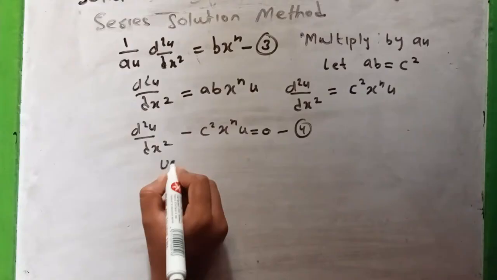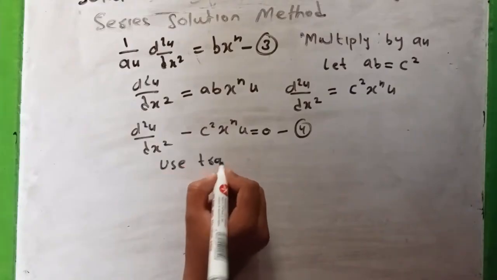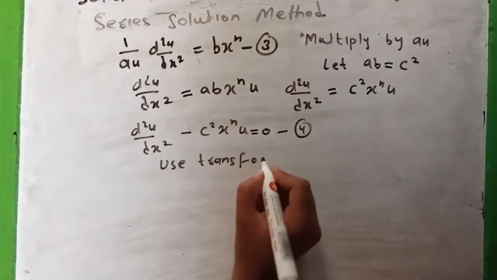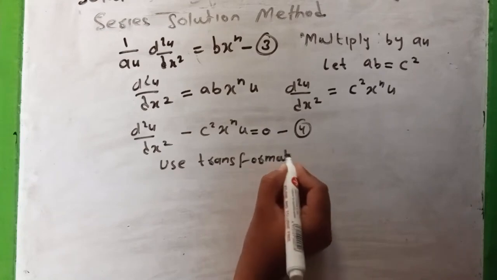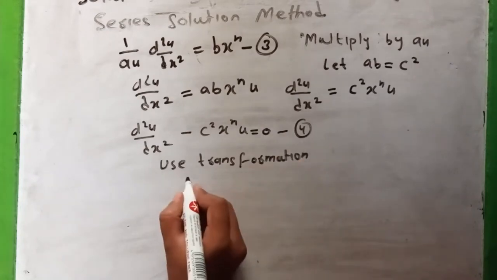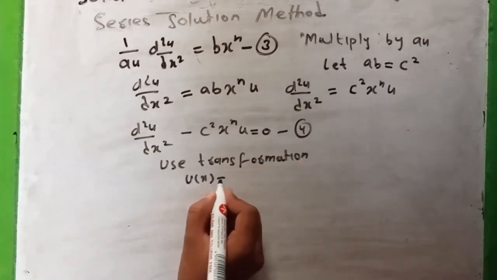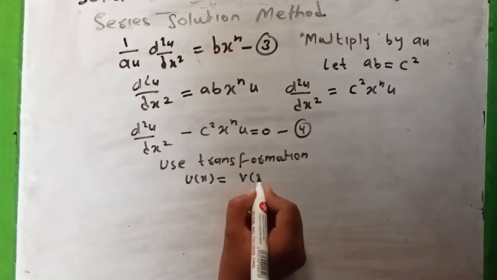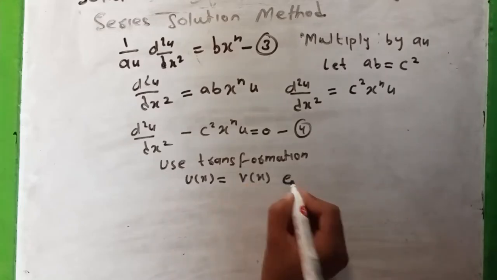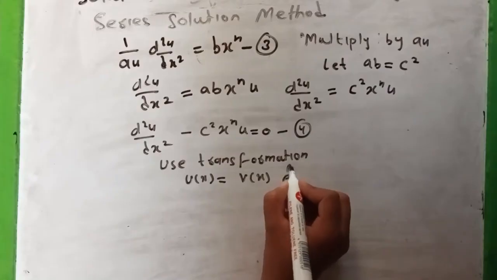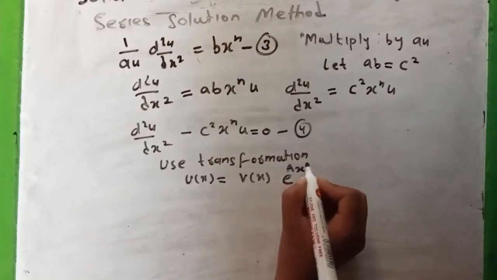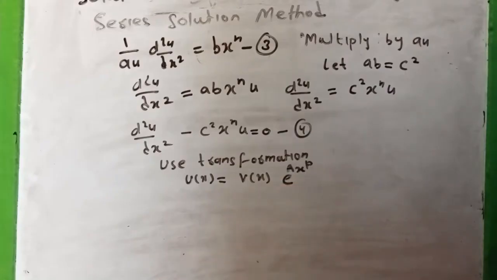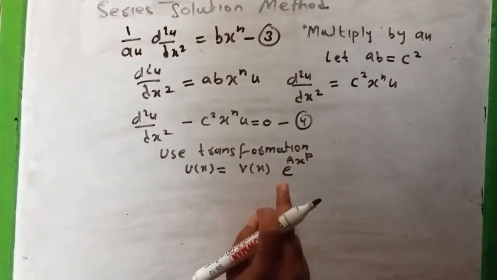Use the transformation u of x is equal to v of x exponent a x raised to power p, where v and exponent both are functions of x.